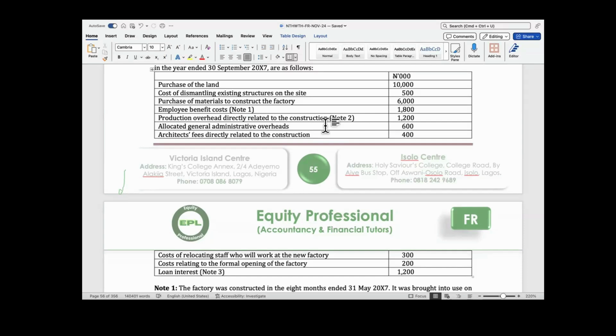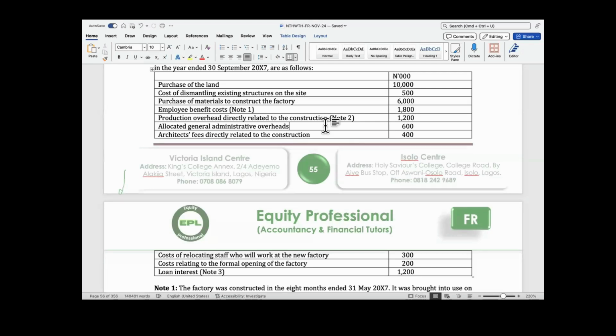So whenever you see wastage, know that it has nothing to do with finished products or a finished asset that you just go to a location to buy. What can happen to an asset that you just go and pick, like a generator or a motor vehicle, is that there is an accident on the road or something happens on the road.